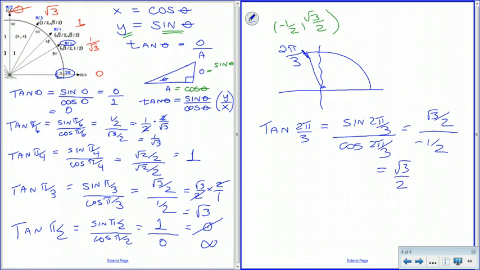Multiply by the reciprocal, leave the negative sign in the numerator, 2 cancels. Did you get negative root 3? Okay, so this is negative root 3 for tangent. Put that on the outside.